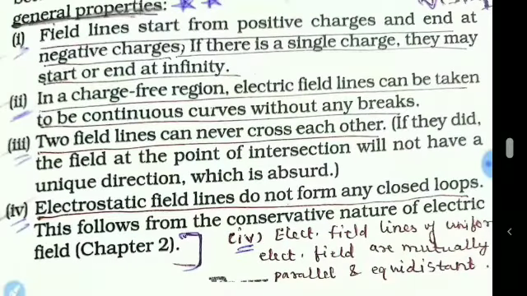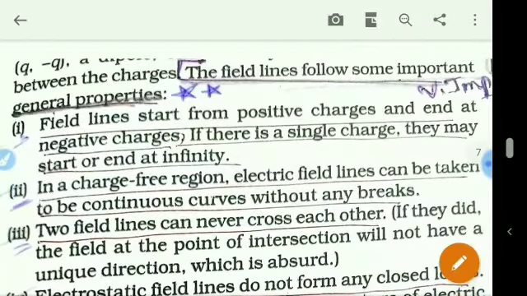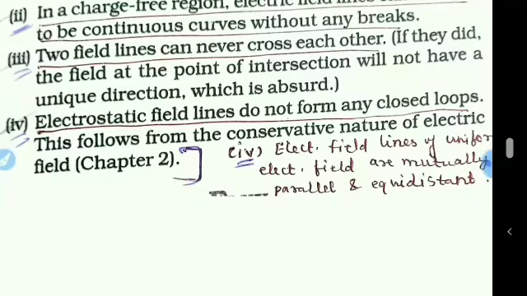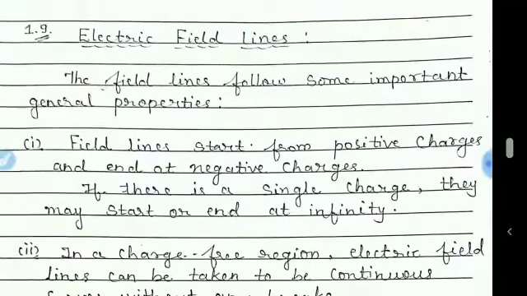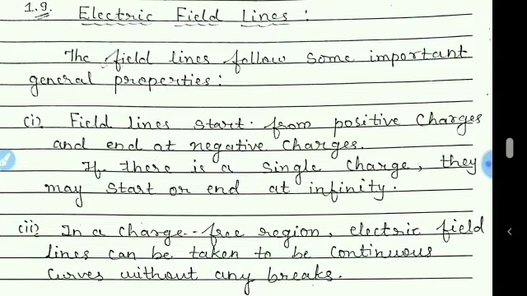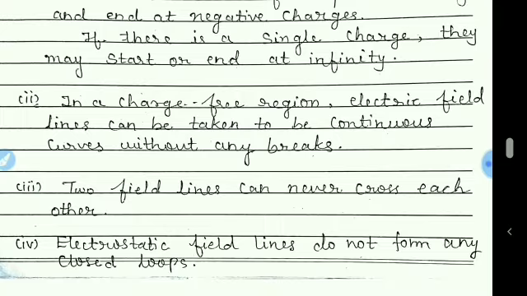Each point carries 0.5 marks. So there are 4 points, and these are the points from the textbook. Even in the notes which I had given you, this topic number 1.9 has these 4 points given.